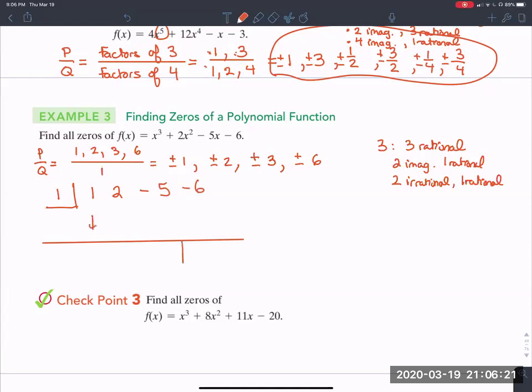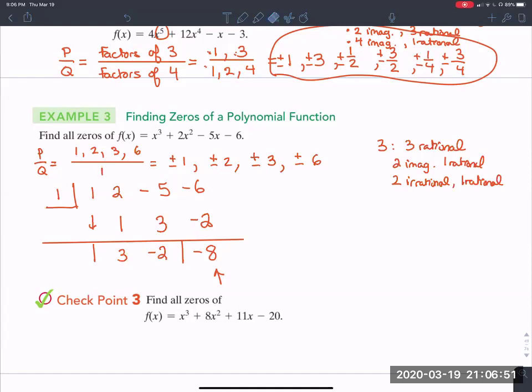So 1 times 1 is 1, 3 times 2 plus 1 is 3, 3 times 1 is 3, negative 5 plus 3 is negative 2, negative 2 times 1 is negative 2, and negative 6 plus negative 2 is negative 8. So notice my remainder here is negative 8. It's not 0. So 1 cannot be a solution to this polynomial.